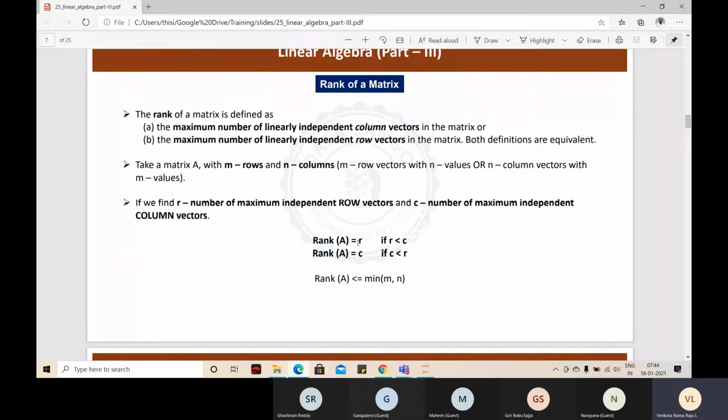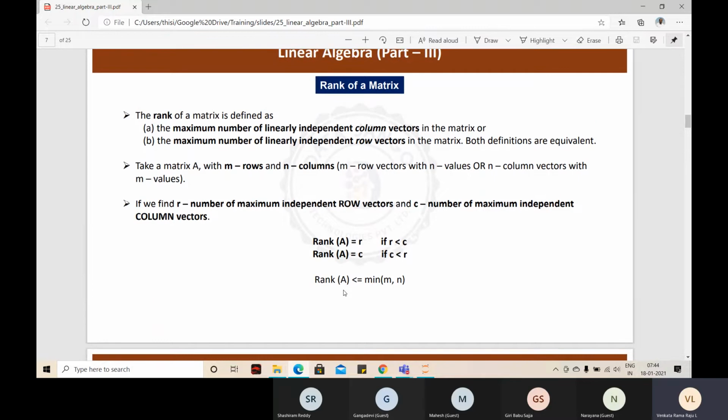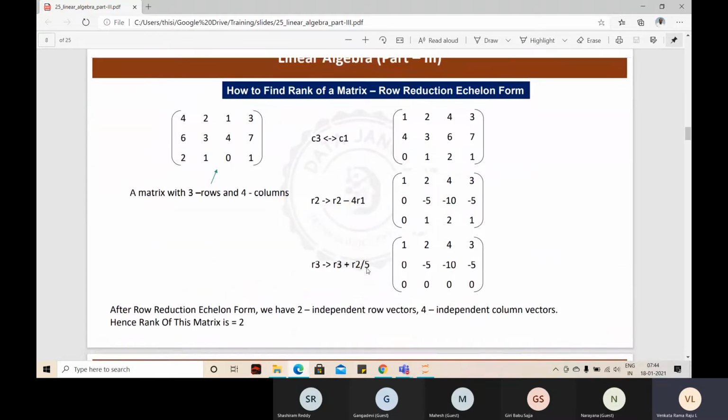Rank of A is equal to R if R is less than C. Rank of A is equal to C if C is less than R. Whichever is minimal becomes the rank.